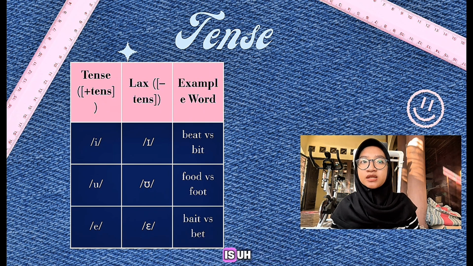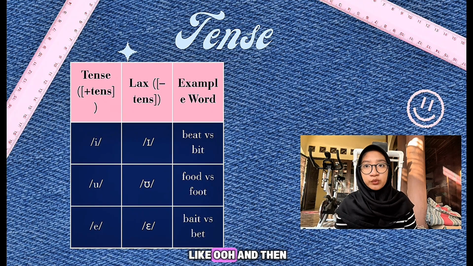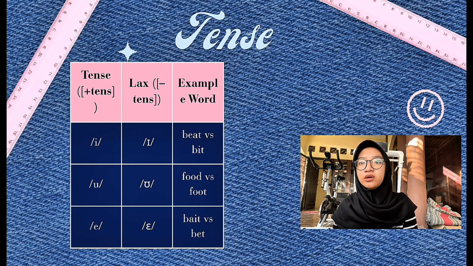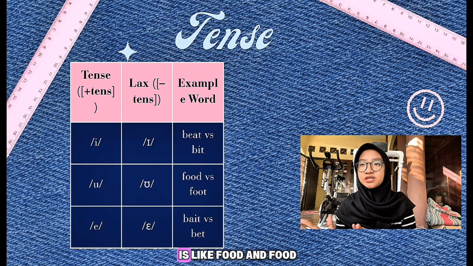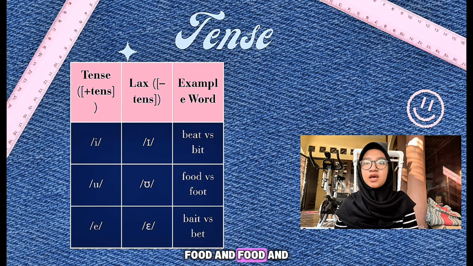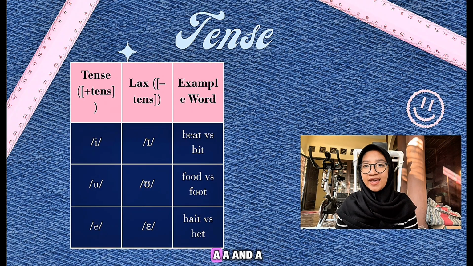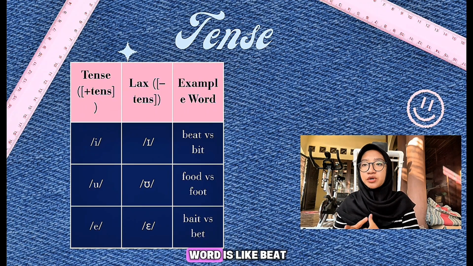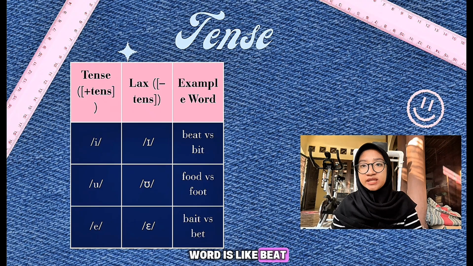The next example is the tense oo and the lax uh, with example words food and foot. And then the next example is a tense vowel and a lax vowel, with example words like bait and bed.